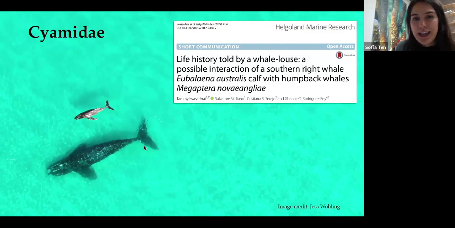And just this morning, Tammy, the author, forwarded me this image, direct evidence of these interspecific interactions between a humpback whale and a right whale in another part of the world, in Australia. So this is an interesting example of how ectoparasites can be used as an indicator of host interaction.